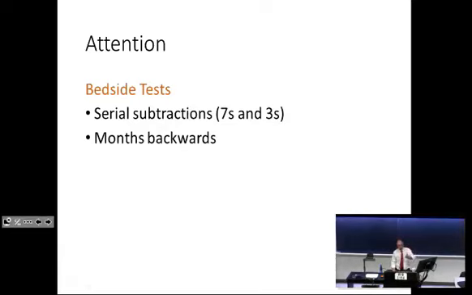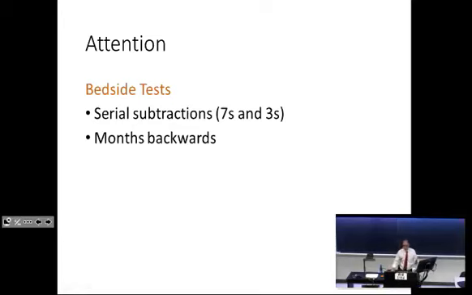You have to subtract 7 from 100, which is 93. You have to focus. Remember that you're on 93. Go back and subtract the 7s. You've got a new number. Go back and subtract the 7s. So that requires attention. It requires other functions as well, but attention is one of them, okay?